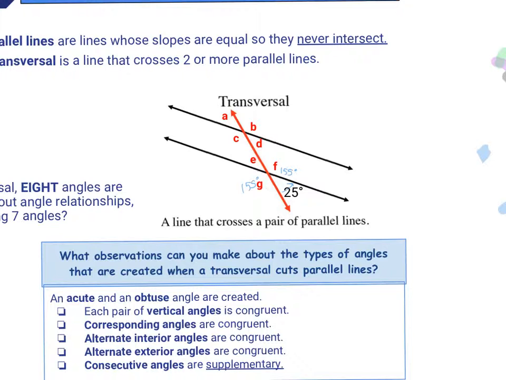So for example, if I was to draw a little box here, these are the angles that are on the inside, C, D, E, and F. Alternate interior means that they're on alternating sides of the transversal. So angle C and angle F are alternate interior, and angle D and angle E are alternate interior. They are congruent.